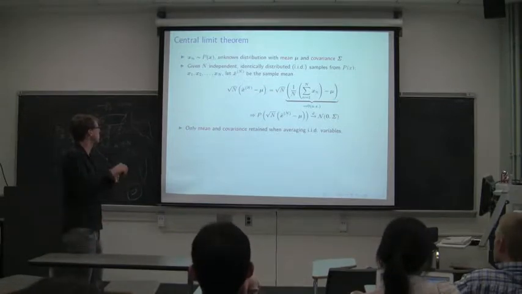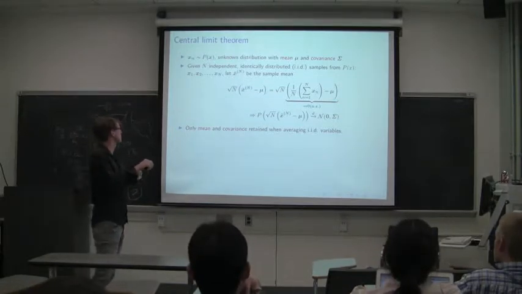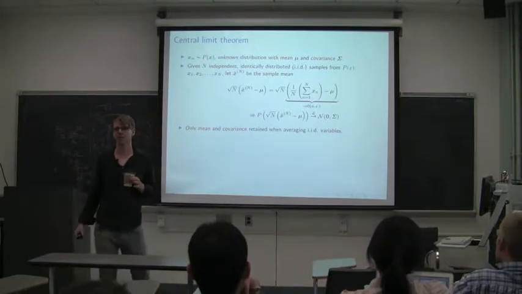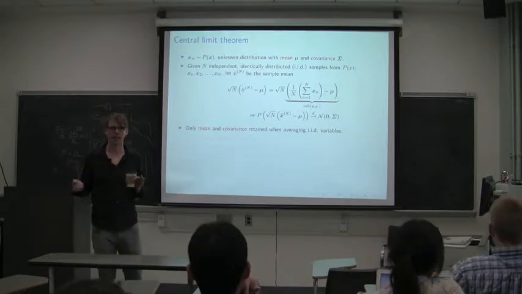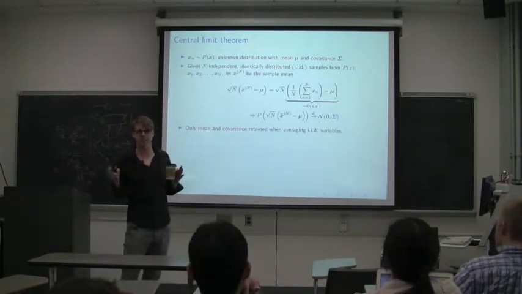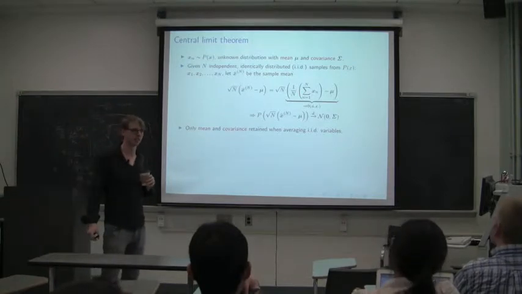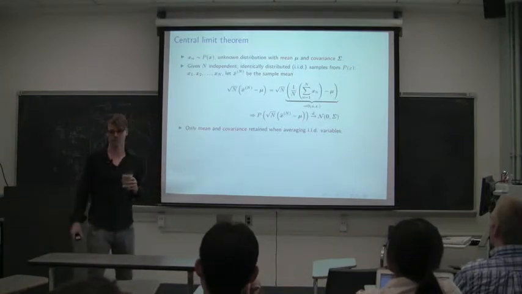Well, why is that nice? Because it means that if we observe enough data and we just look at summary statistics of that data, like means, then Gaussians are usually enough.